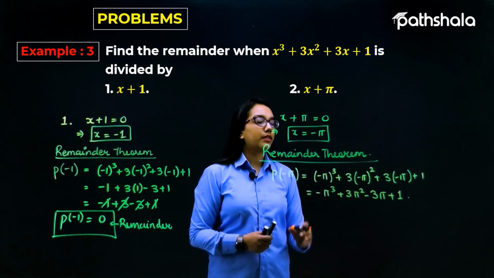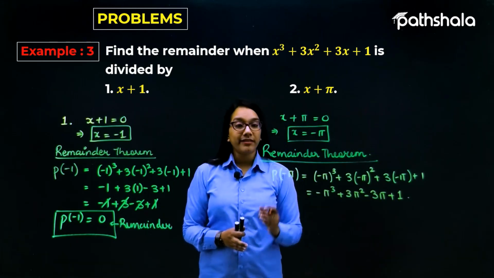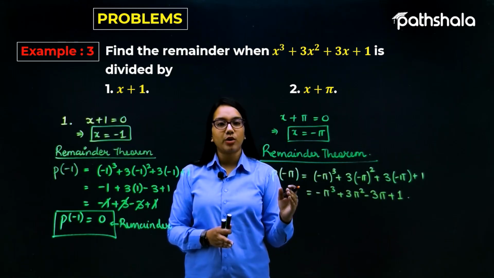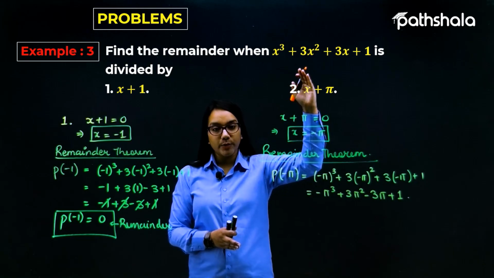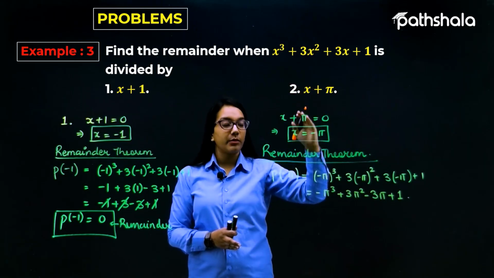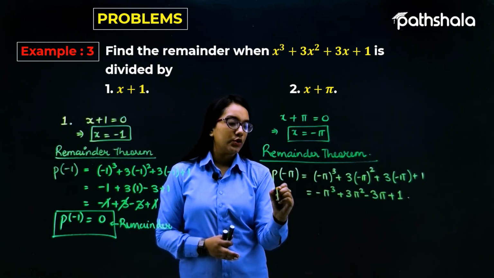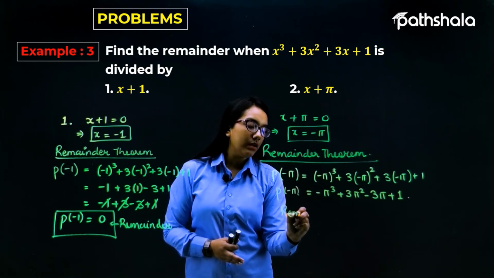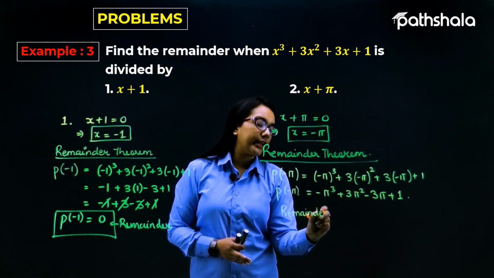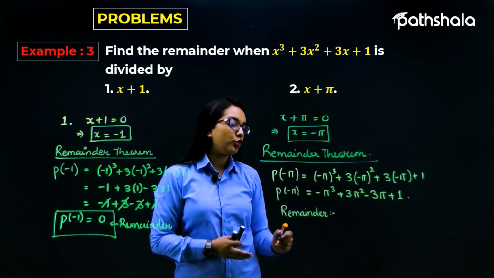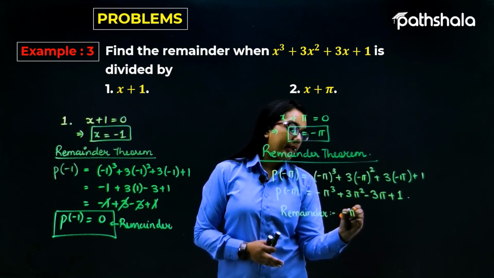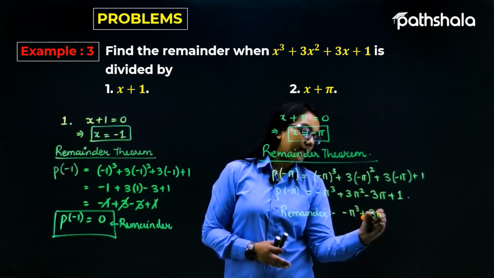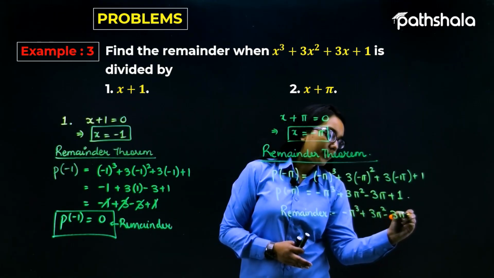So this is nothing but the remainder of this particular polynomial. When we divide this polynomial by x plus pi, the remainder would be of this type. So this is p of minus pi. The remainder after dividing these two polynomials would be minus pi cube plus 3 pi square minus 3 pi plus 1.